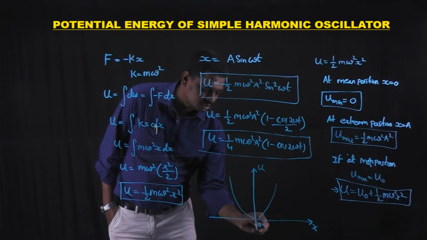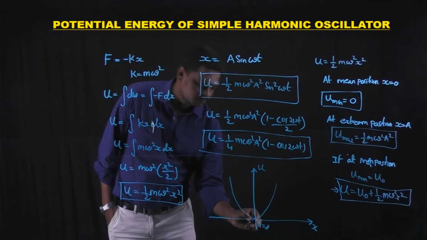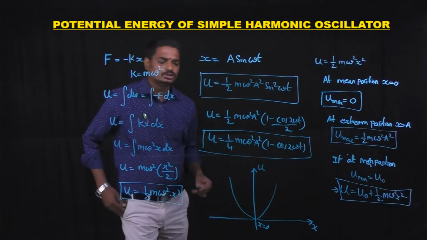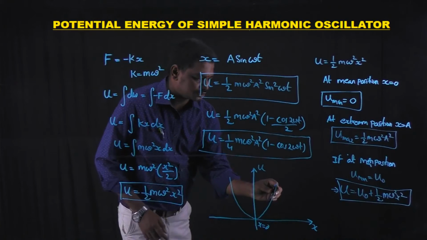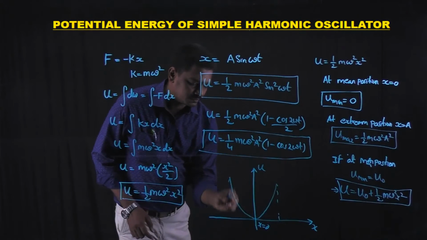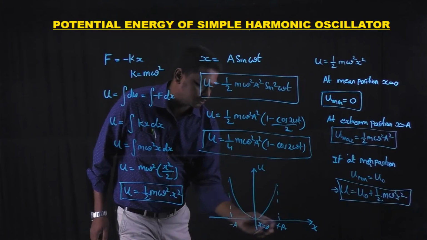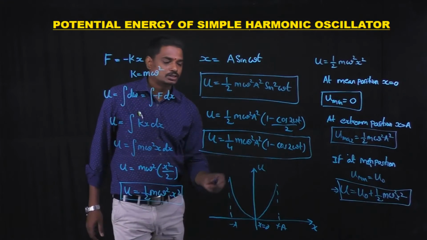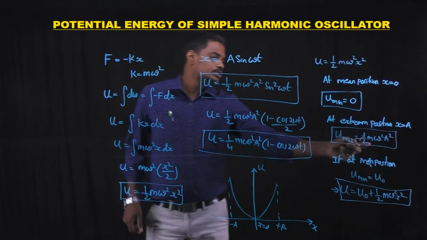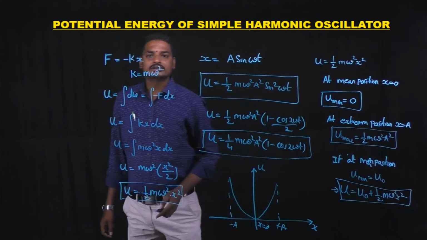At x equal to 0, it is minimum, that is U is equal to 0. At both extreme positions, plus A and minus A, it is maximum, which is equal to half m omega square A square.